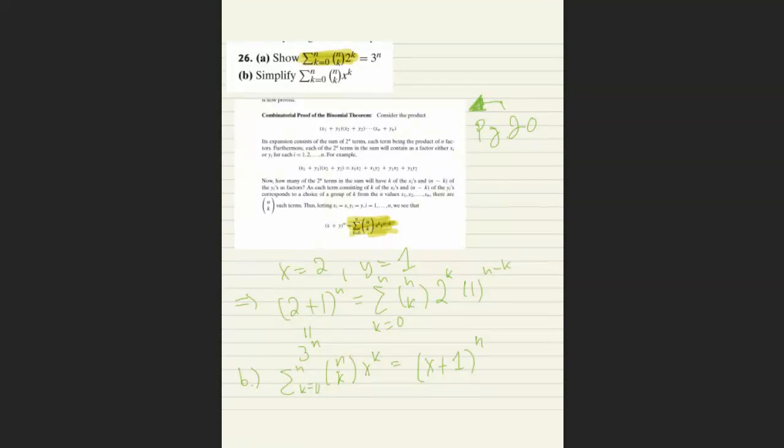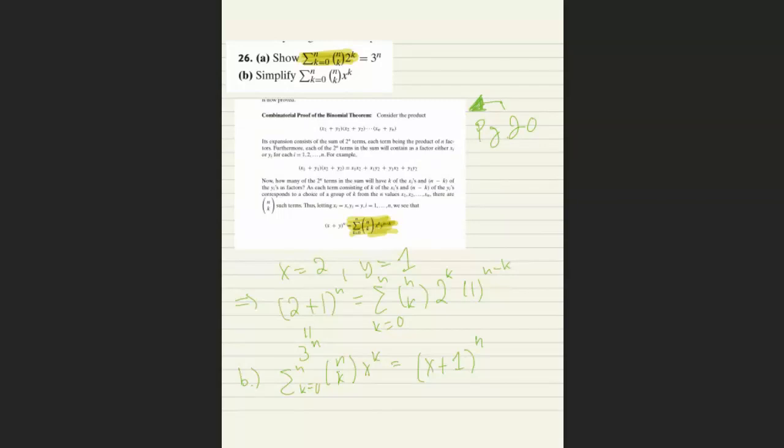Here x is equal to 2, and for y we just set it to 1, because 1 to any power will give you the same result. So then from that equation, it is equal to x plus y to the n.